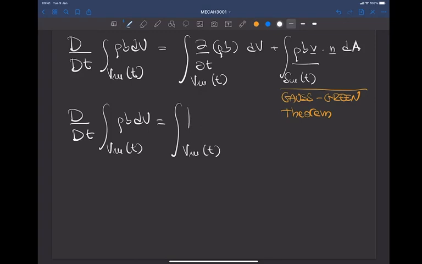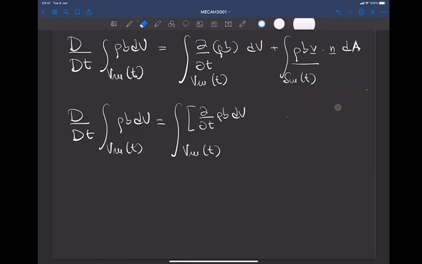So one of them is the same, it's the partial derivative in time of rho b, and then we have the divergence contribution that we are going to express in this way, plus the divergence of rho b v.